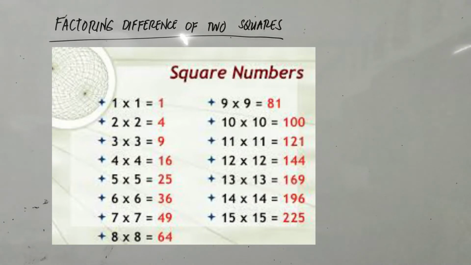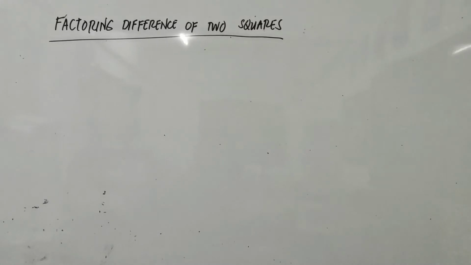Yung different numbers na kapag in-square natin, ayan yung mga sagot. So kapag kabisado nyo yan, hindi na kayo mahihirapan sa pagpa-factor ng given which is a difference of two squares. But before that, alamin muna natin ano ba yung form ng given na difference of two squares.